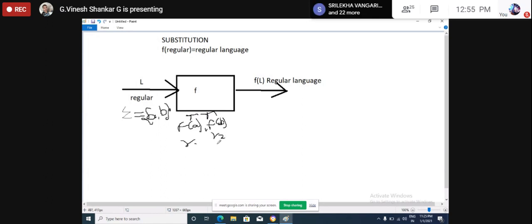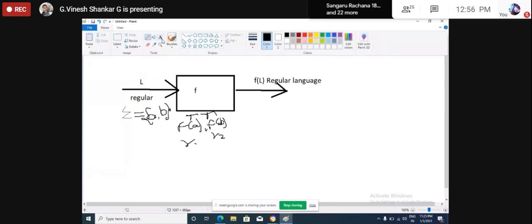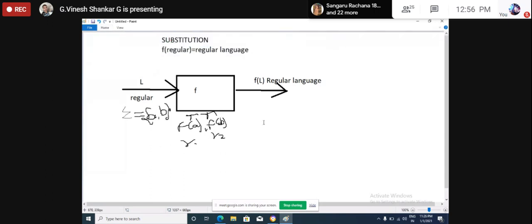So let us take a proof to explain how it is regular. Now I am taking a language L is equal to a star b star.